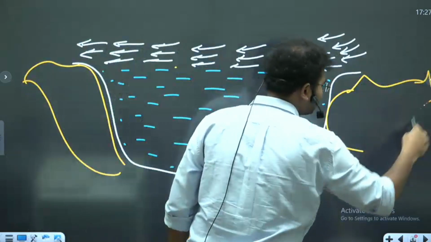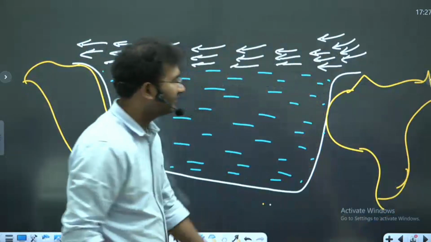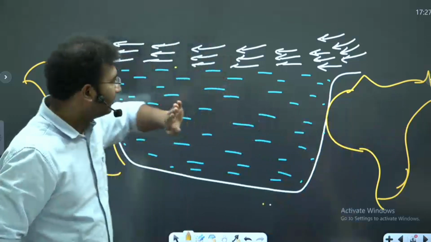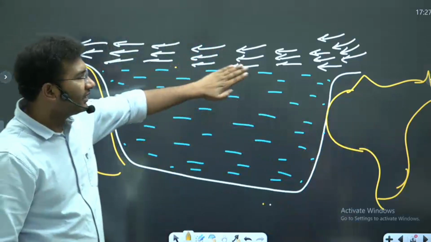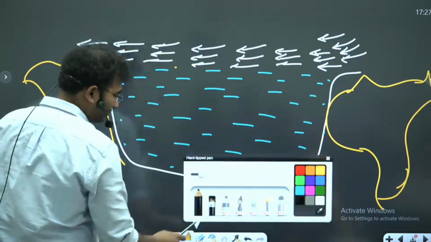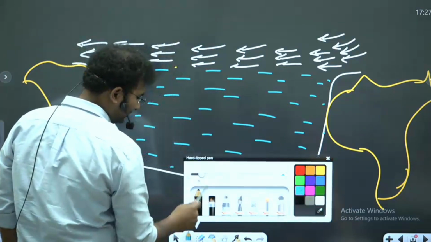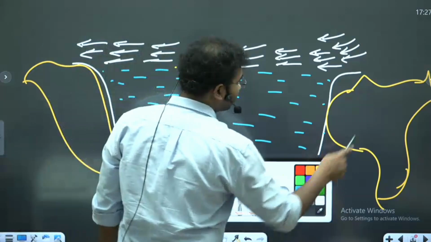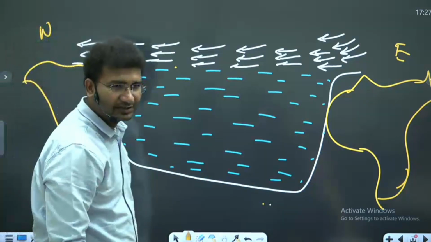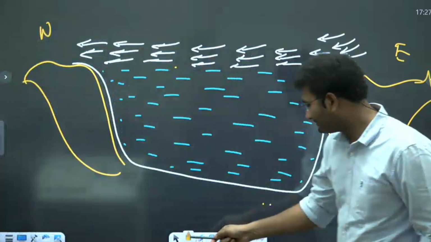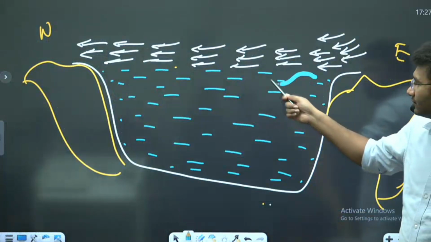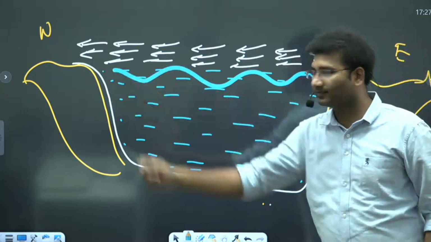Only for representation I am drawing this; don't imagine this is across the coastline. So winds are moving away from Africa. What should be the directional movement? Let me call this east and this west. Winds are moving from east to west, so the water will also start to move from east to west, in the similar direction.